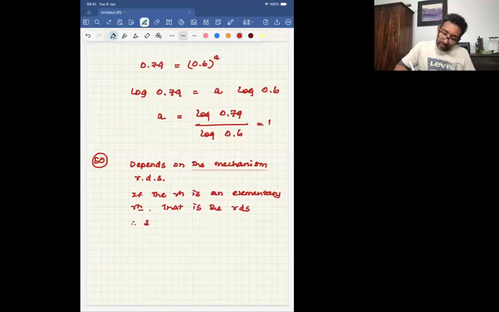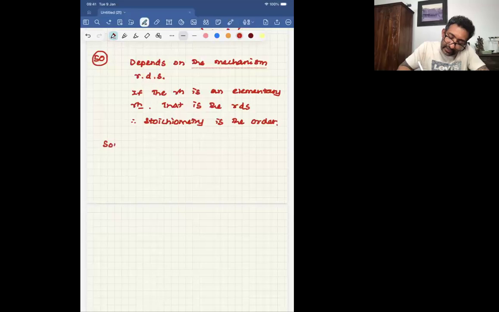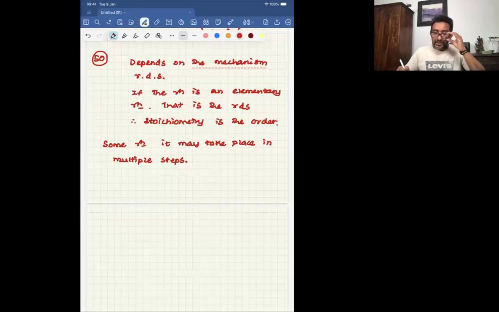Then the stoichiometry is the order. But some reactions may take place in multiple steps, several steps.